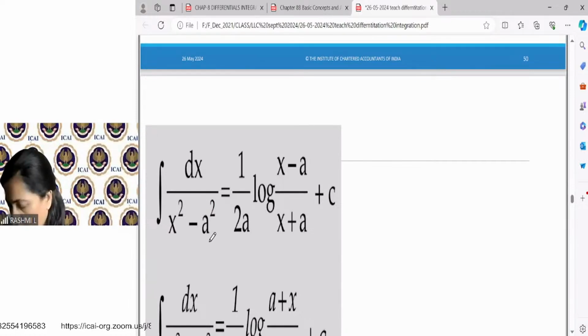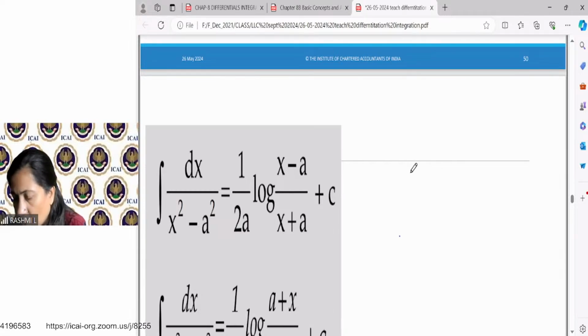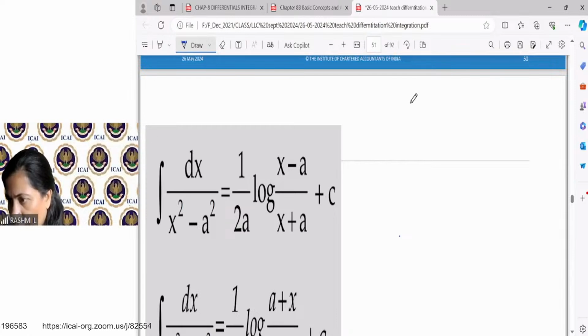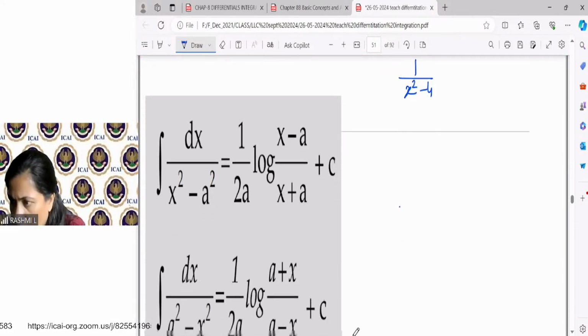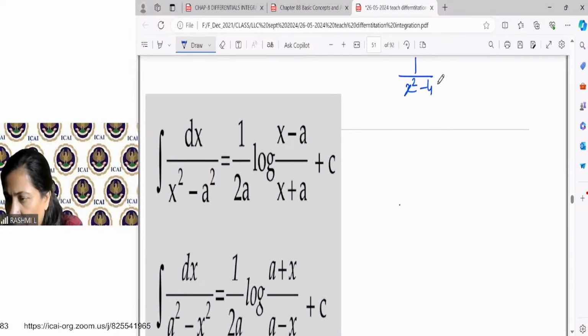Then the integral of 1 upon x square minus a square. Suppose I have 1 upon x square minus 4. In that case, I will use this formula, because here this is nothing but 1 upon x square minus 2 square.